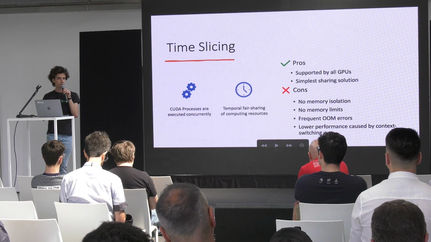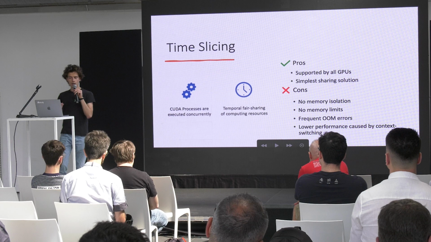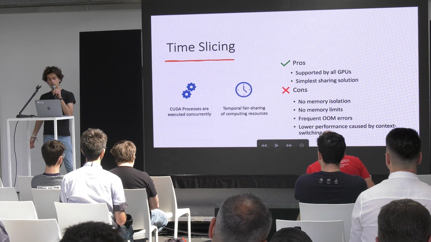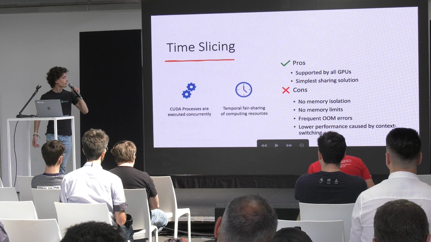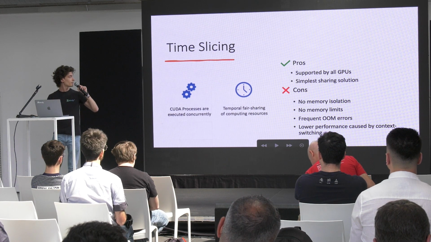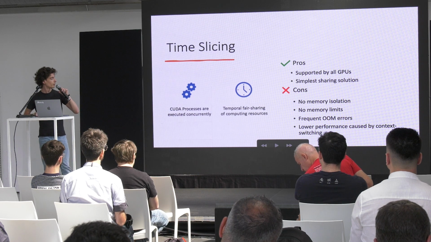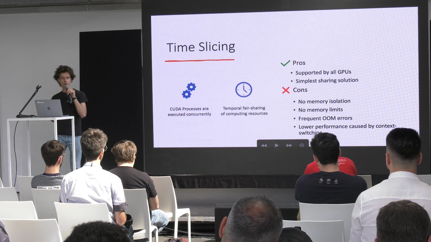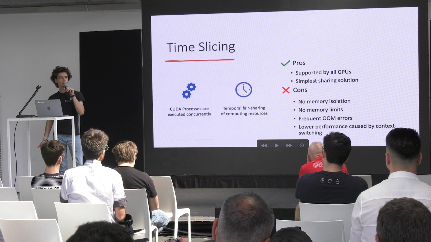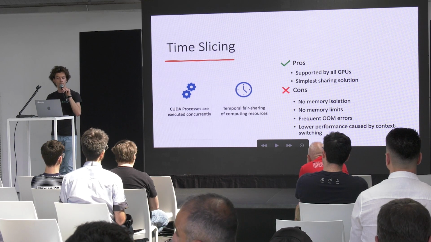And it is supported by all GPUs, and it's very easy to implement and use in Kubernetes, as we will see soon. It has a very important limitation, which is you have neither memory limits nor memory isolation. So a process can allocate all the available memory, and this leads to very frequent out-of-memory errors.